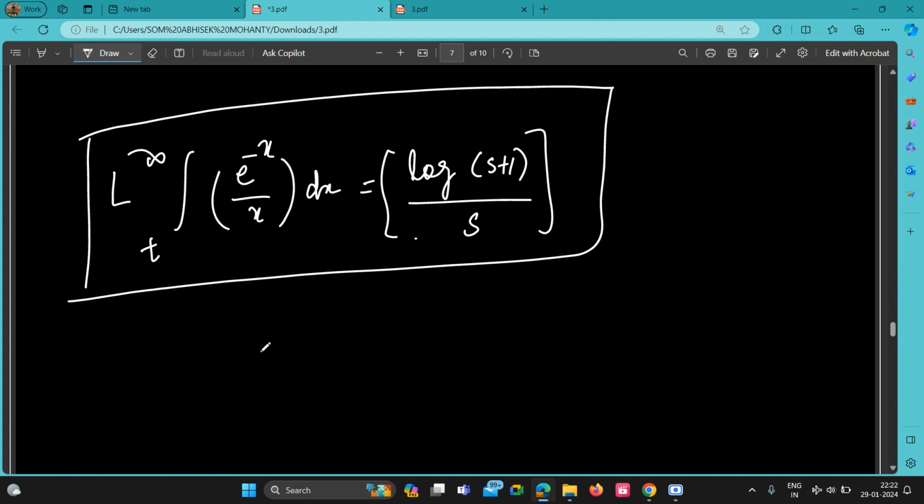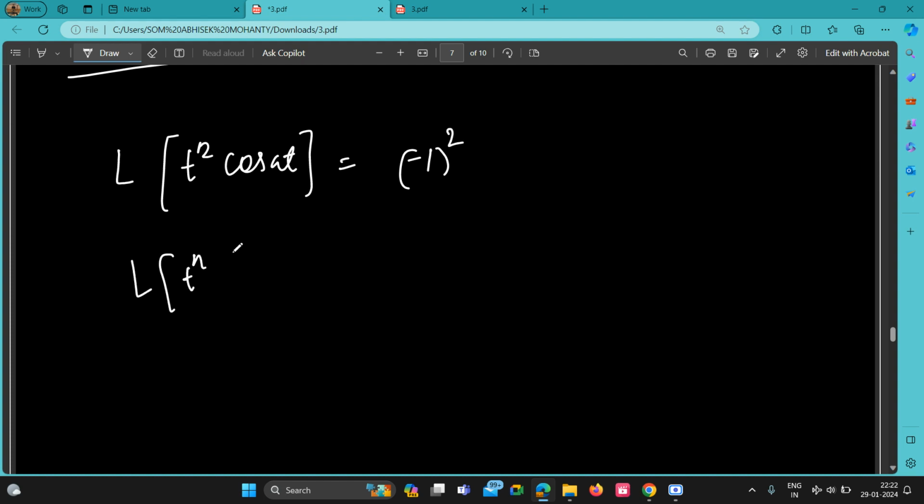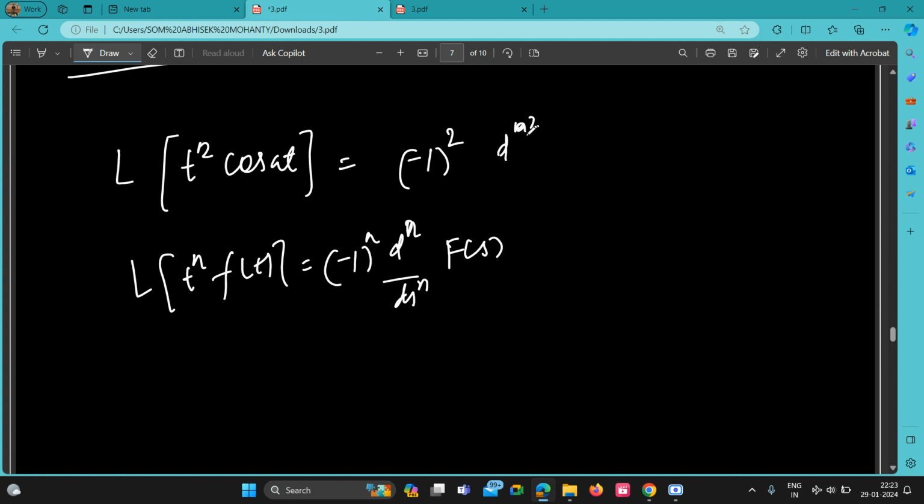Now if you calculate Laplace of t square cos at, how to do it? Minus 1 to the power 2. This comes from t to the power n f of t: minus 1 to the power n d n by d s n of the Laplace. So minus 1 square d square by d s square Laplace of cos at.